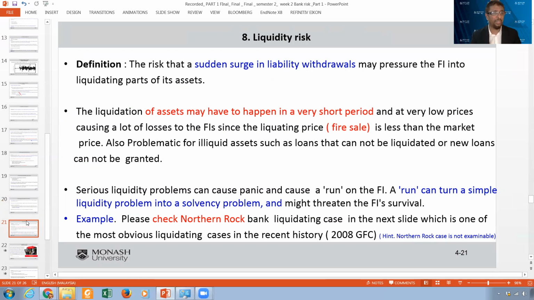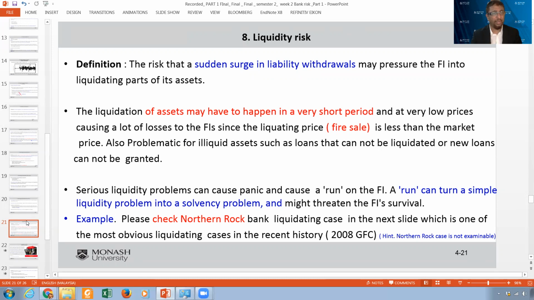To define it, it is the risk of a sudden change in liability withdrawals. Take any bank, for example. I know in Malaysia and some other countries, central banks are very strong and they can watch for that, but it can happen at any time where you expect the withdrawals to be 7% on a daily basis.